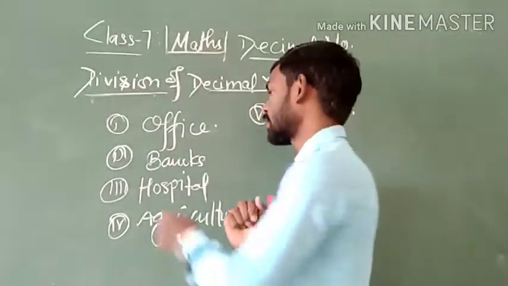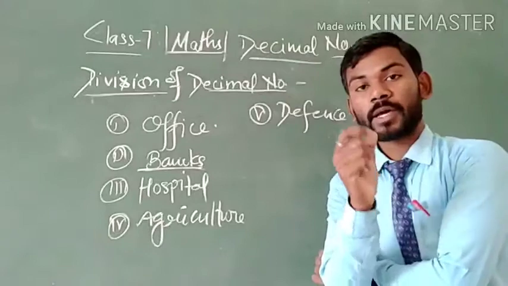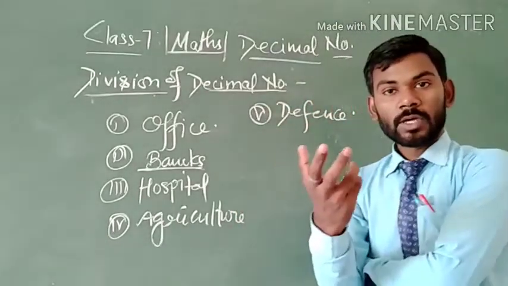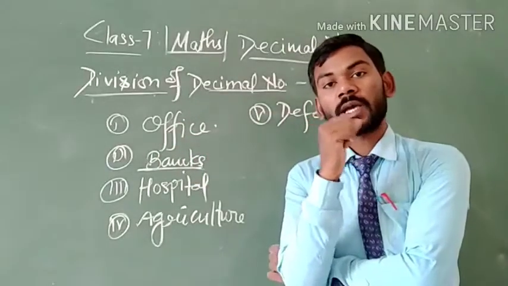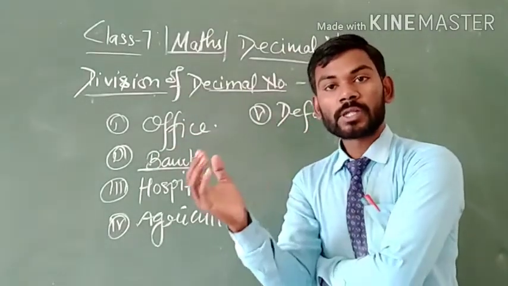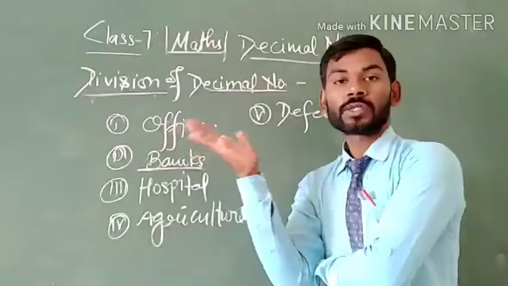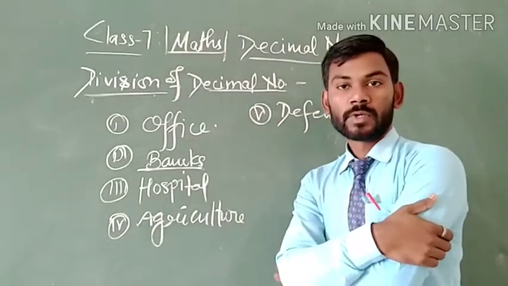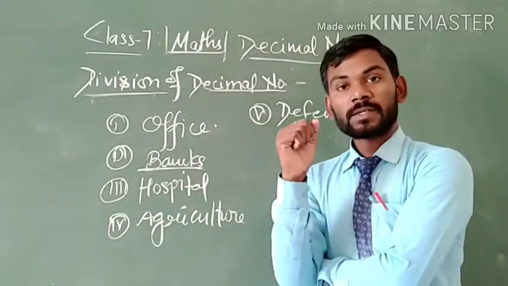You can see that the concept of decimal has great scope in the bank. In the bank, all the activities which are connected with money depend on the concept of decimal number.